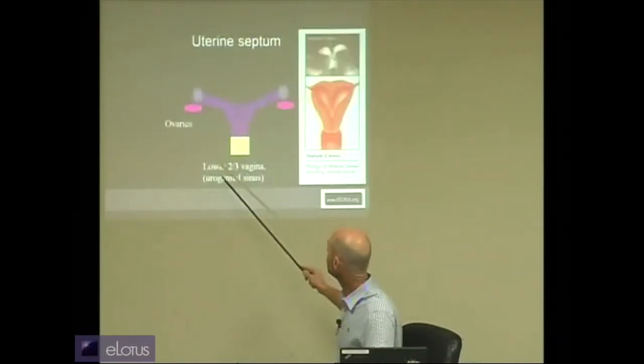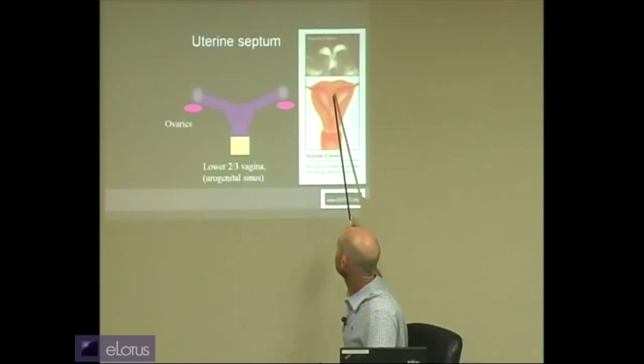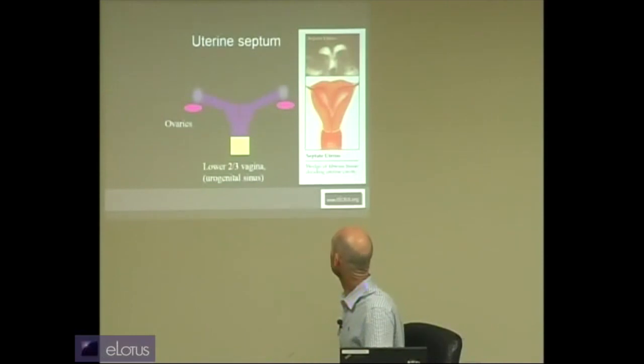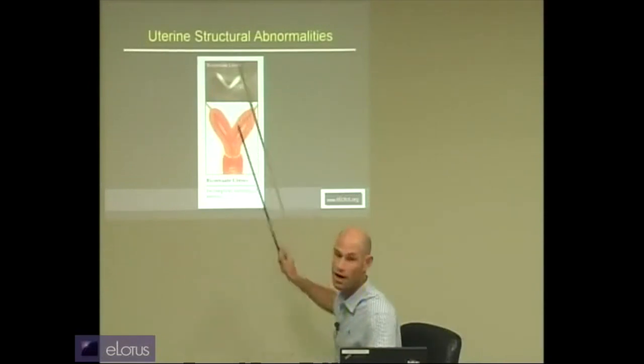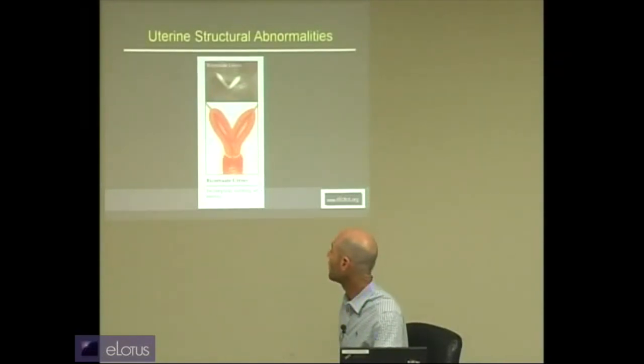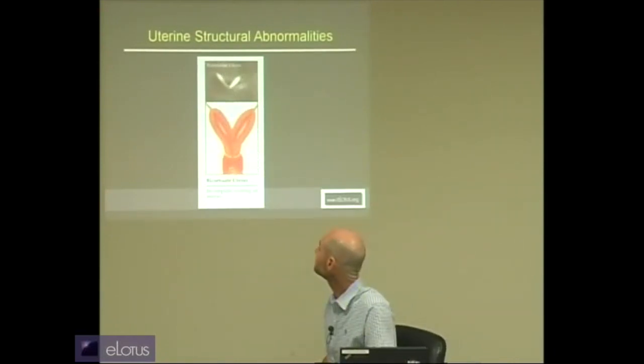Because with a septum, we can fix this pretty well. We can do a surgery where we come in here and cut this out. We just go from the inside and cut it out. But if we were to go with that same approach, put a camera into here on this thing and try and cut this out, we would cut through the top of the uterus. That would be a big problem. So you need to identify the difference between a bicornuate and a septum if you're trying to treat it.